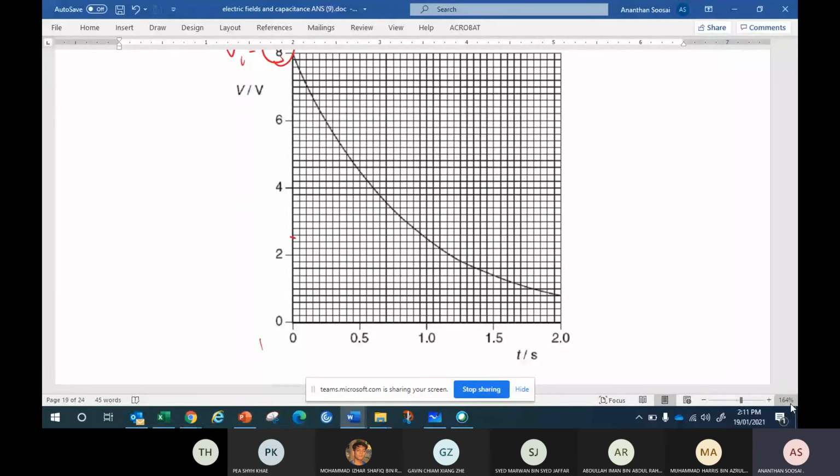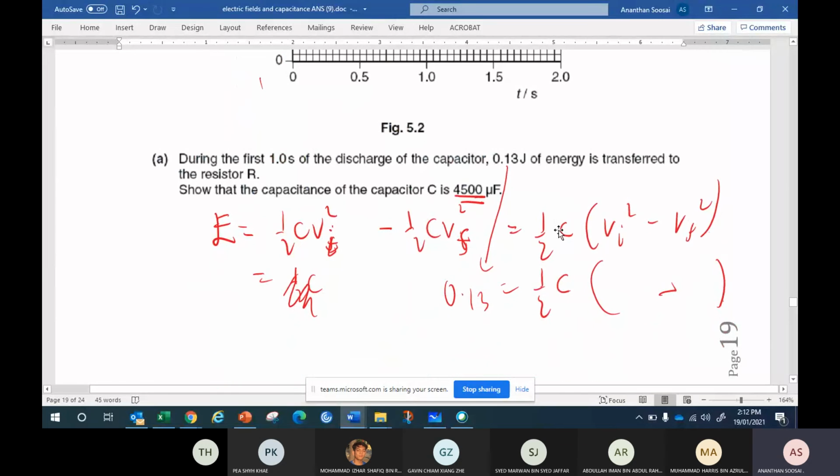You can read half of the smaller scale. I think 5 boxes is 3, and this is the center, so it's about 2.5. So what do you do here? 8 squared minus 2.5 squared.